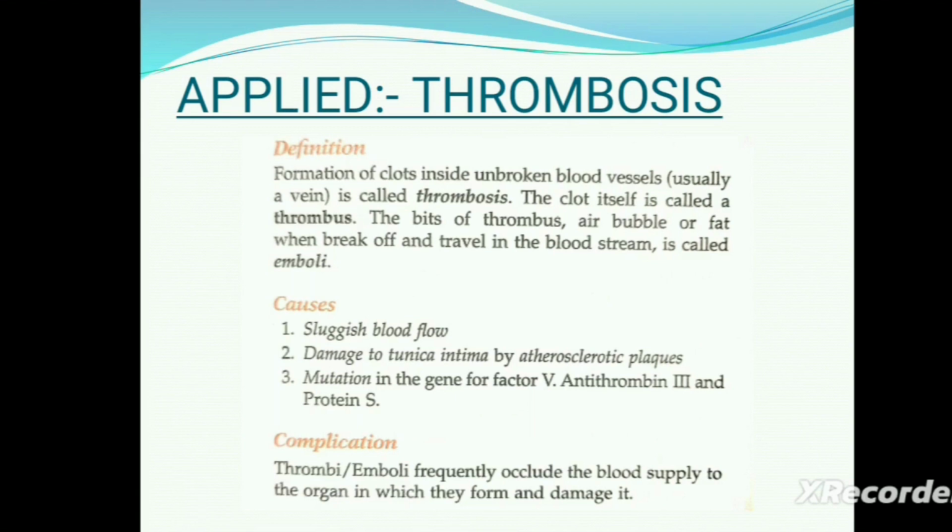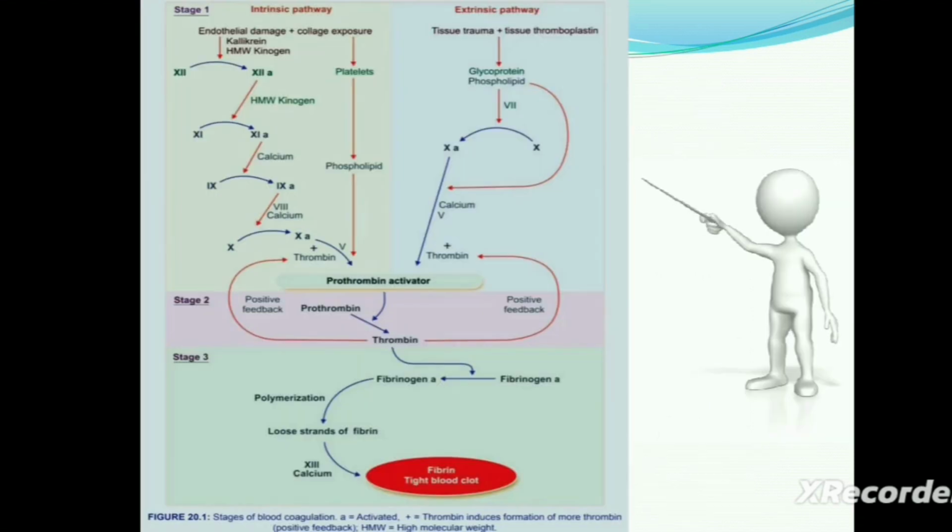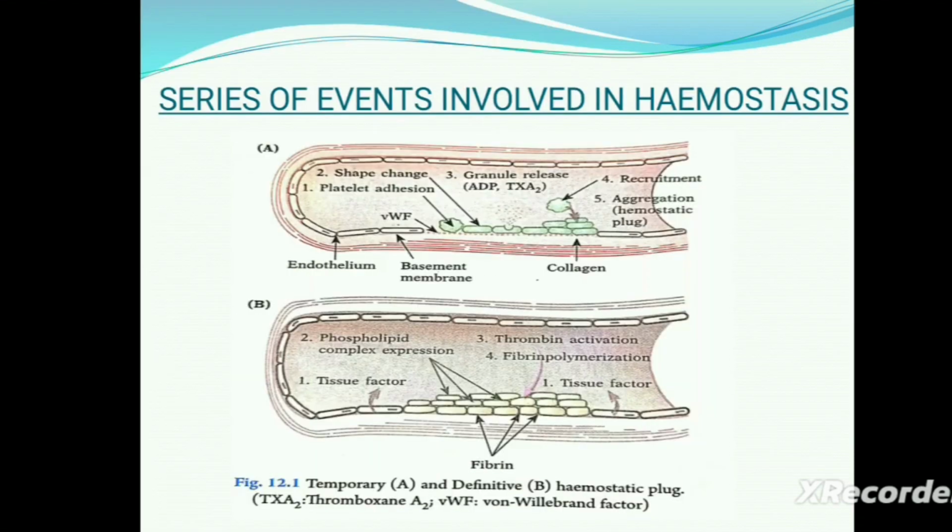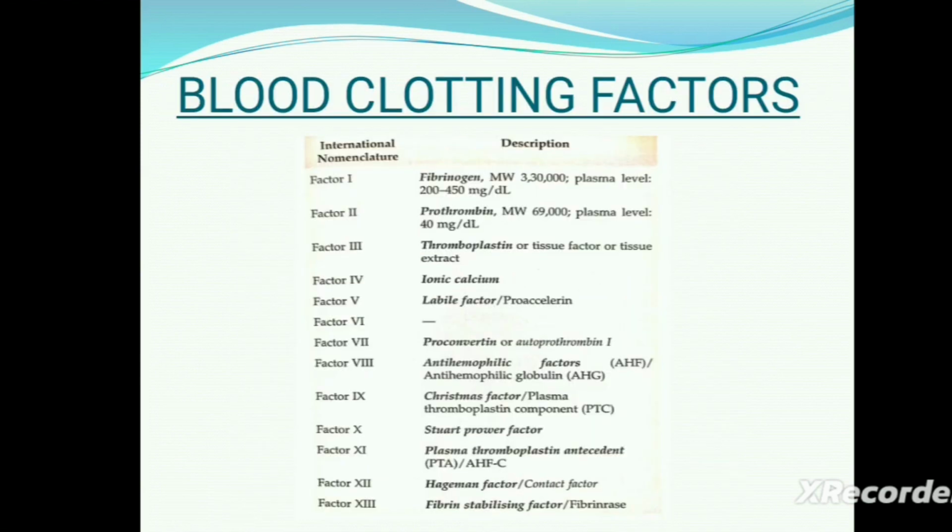What are the main causes of thrombosis? They are sluggish blood flow, damage to tunica intima by atherosclerotic plaques, mutation in the gene for factor 5. What is factor 5? It's the labile factor or proaccelerin.